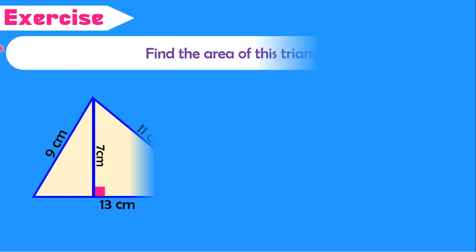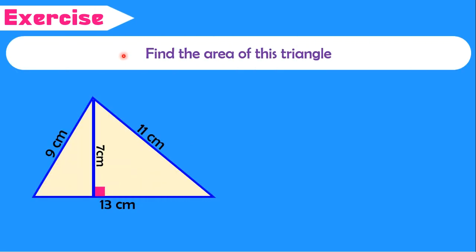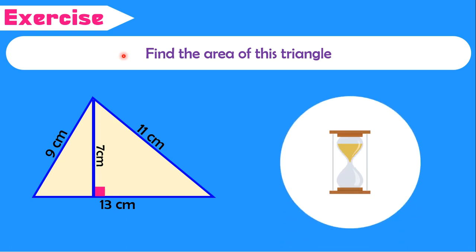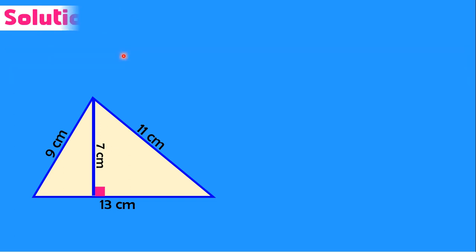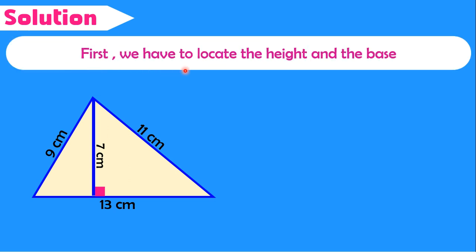Let's have an exercise. Find the area of this triangle, and I will give you some time. Now let's do it together. The solution. First of all, we have to locate the height and the base of this triangle. Notice here we have a right angle.